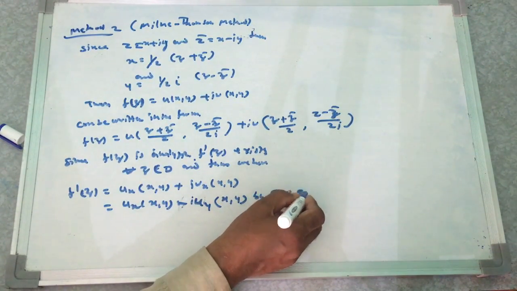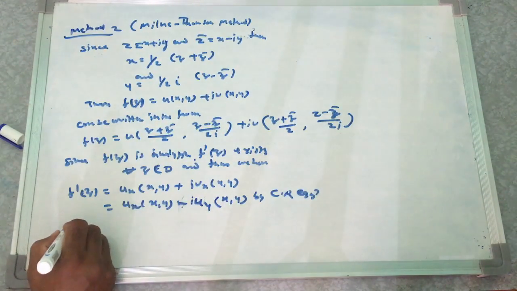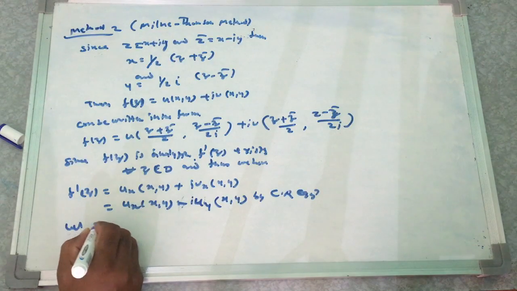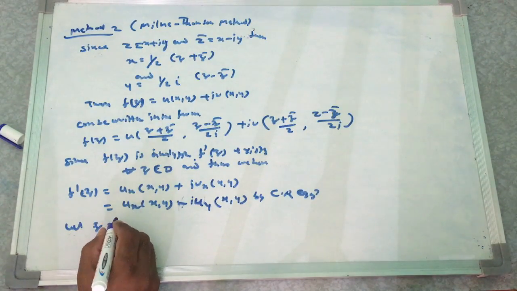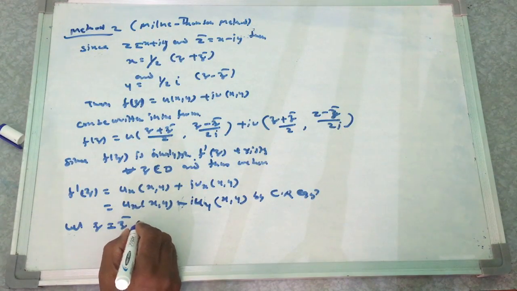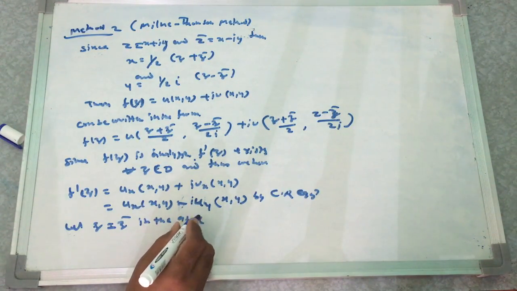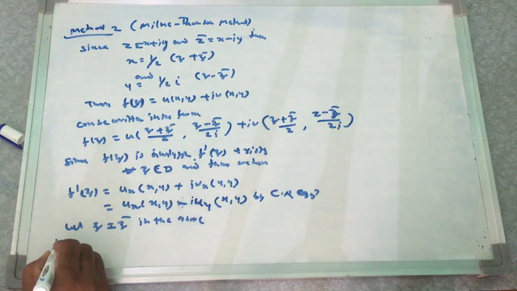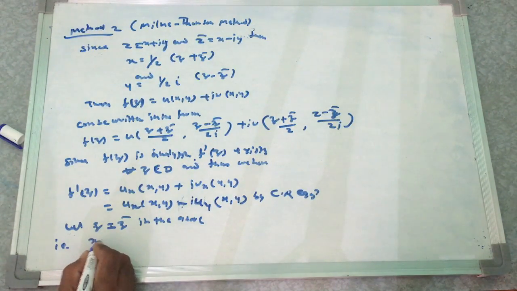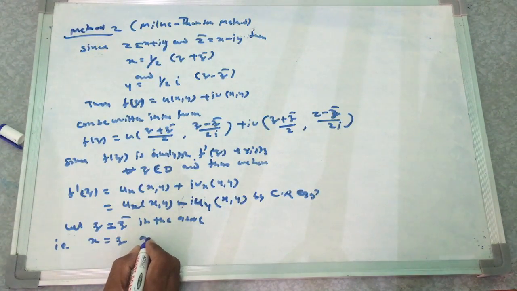Now let z bar be equal to z in the above. That is, x is equal to z and y is equal to 0.